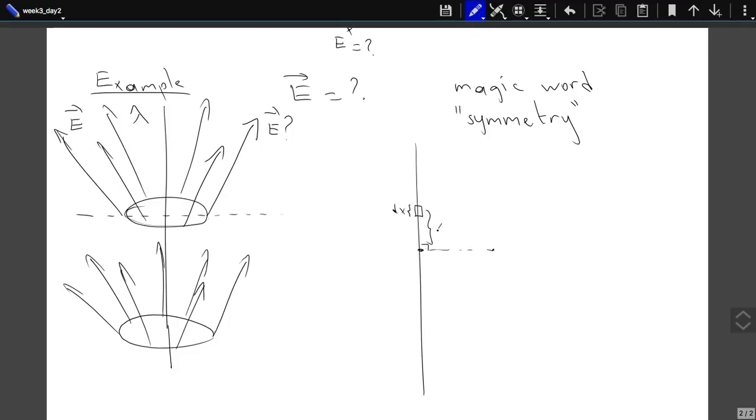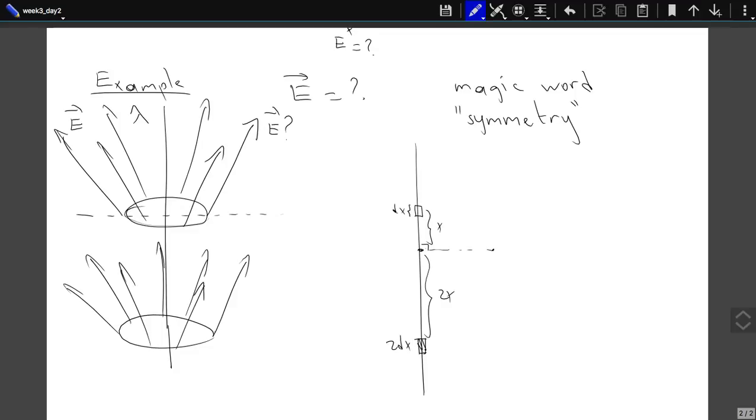This is at a distance, let's say x, and this at a distance 2x. I will choose a length twice dx. For every segment over here, I can find such a segment, right? And if I add all these segments up to infinity, I get infinities on both sides. So I get an infinite wire, right?